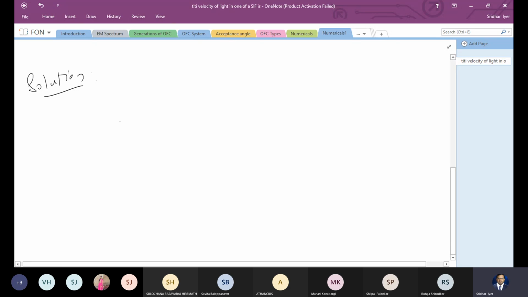So what we need to find is NA, the numerical aperture, and we also need to find theta A, that is the acceptance angle. Again, I should specify, in some books this is also theta naught, but I'm going to be using theta A. So these are the two parameters that we need to find.